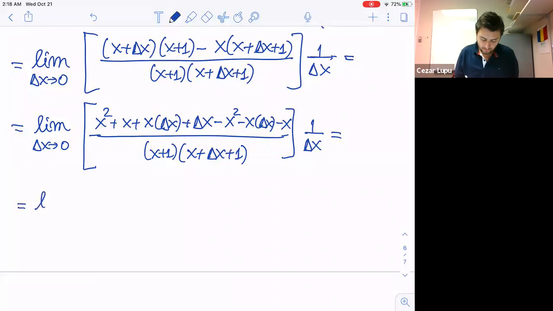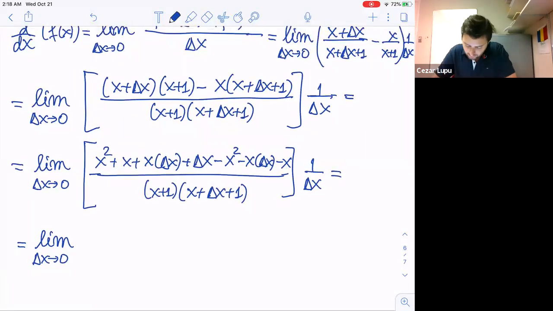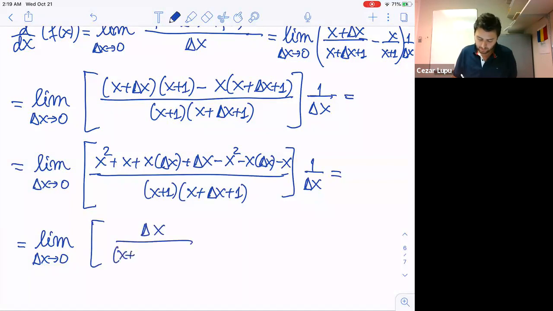So this would be equal to the limit as delta x approaches 0 of, the last term will be a delta x, so this will be delta x over x plus 1 times x plus delta x plus 1 times 1 over delta x.